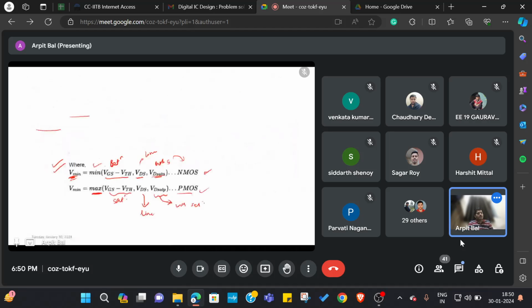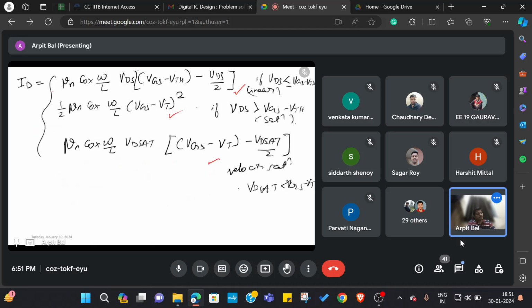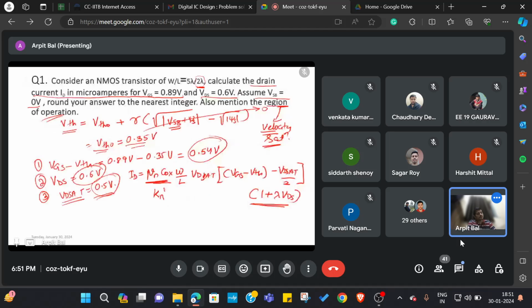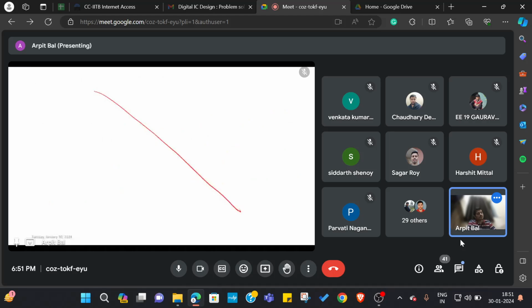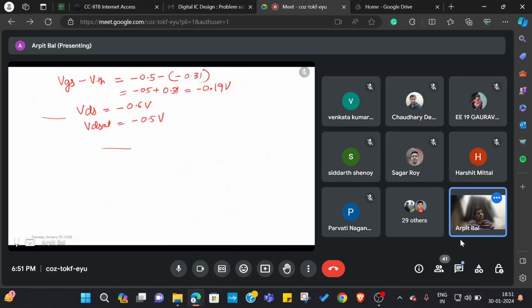For the case of PMOS, the Vmin was the maximum of these three values. So we have three values: minus 0.5, minus 0.6, minus 0.19.